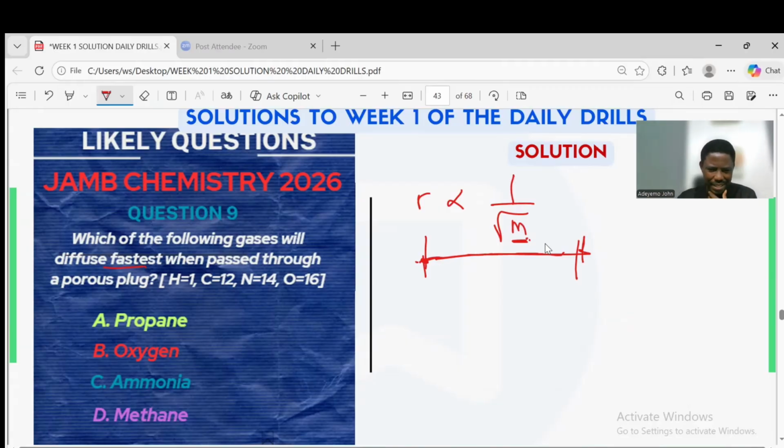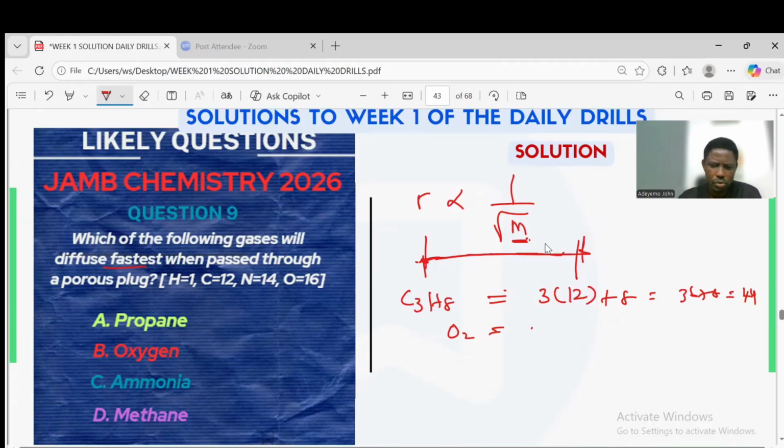So let's see the lightest substance here. Propane is C3H8. If you calculate the molecular mass, that is 3 times 12 plus 8, that is 36 plus 8, which is 44.